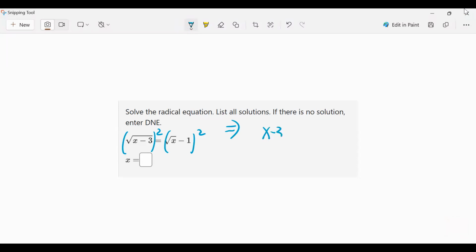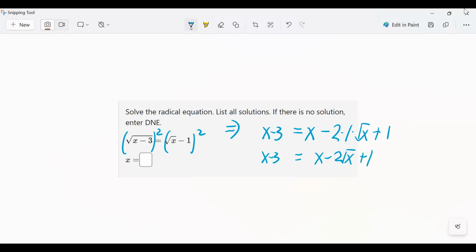So x minus 3 on the left, on the right is going to be the square root of x squared, that is x, minus 2 times 1 times square root of x, plus 1 squared, that's 1.